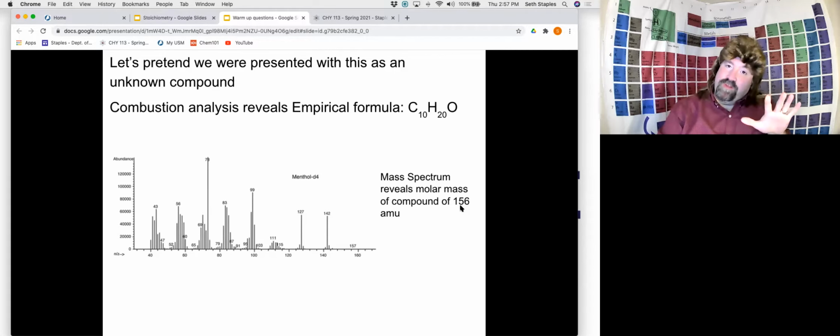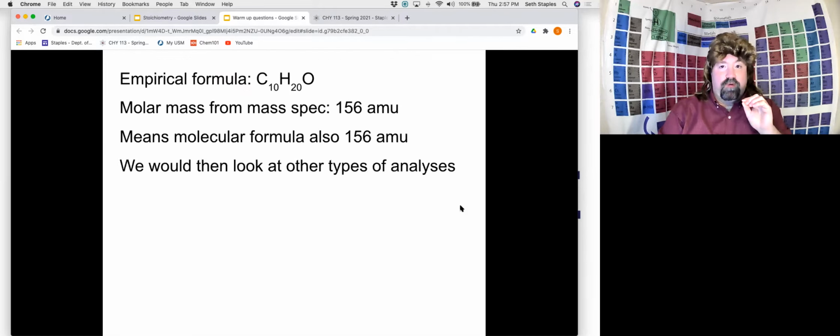Now, remember what we looked at with converting our empirical formulas to molecular formulas. So what this tells us is that not only is the empirical formula C10H20O, it also tells us that the actual molecular formula for this unknown is also C10H20O.